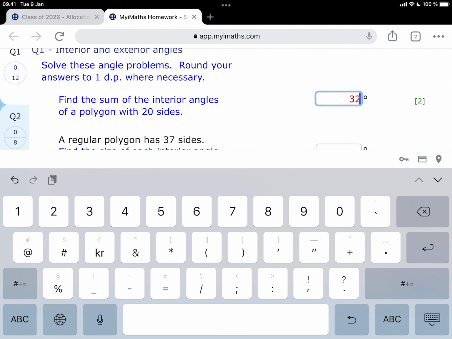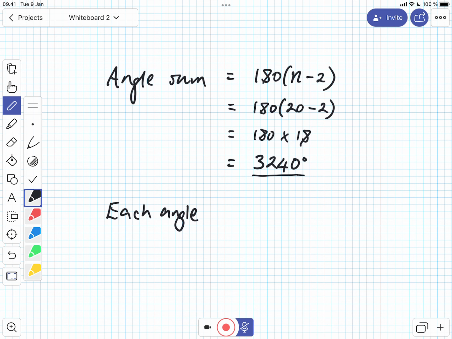Question 2, a regular polygon has 37 sides. Find the size of each interior angle. Okay, so each angle, if it's a regular shape, all the angles are going to be the same.